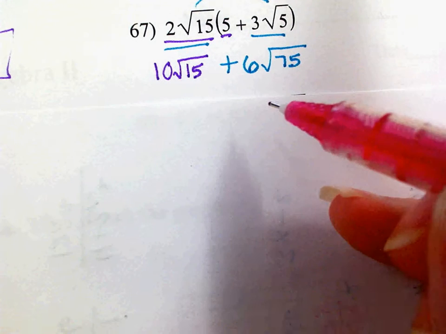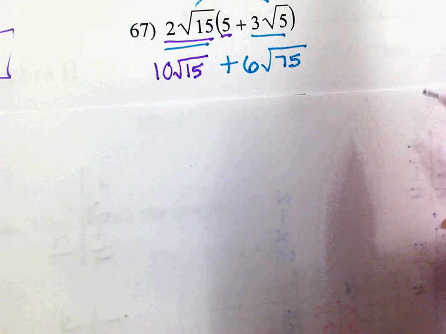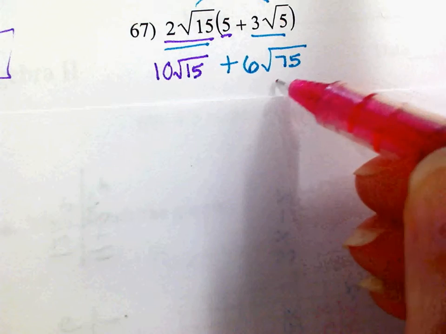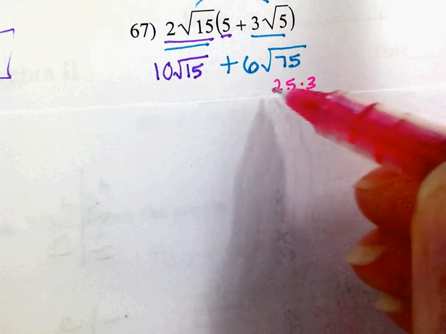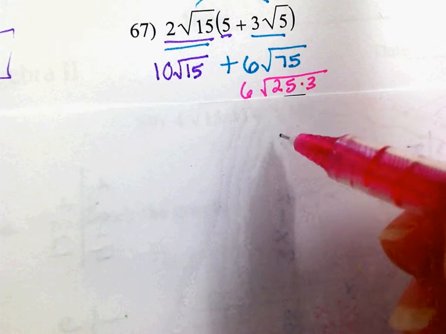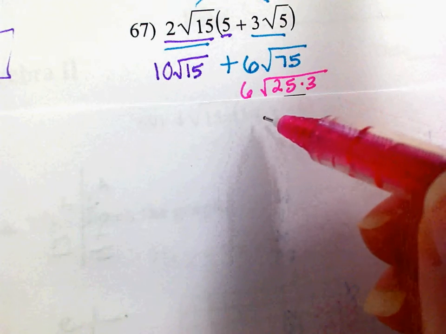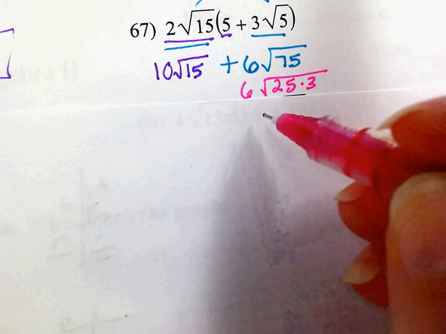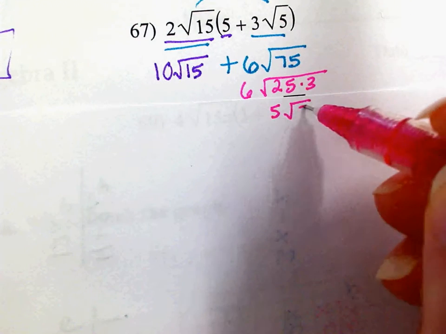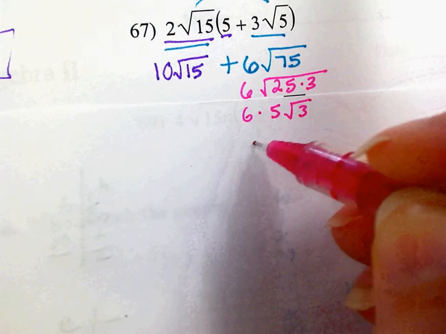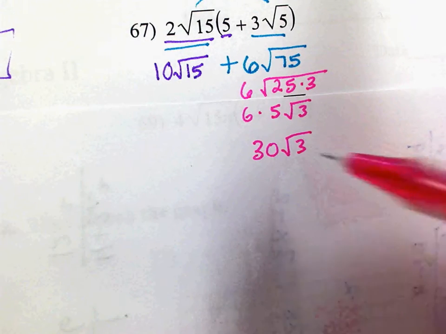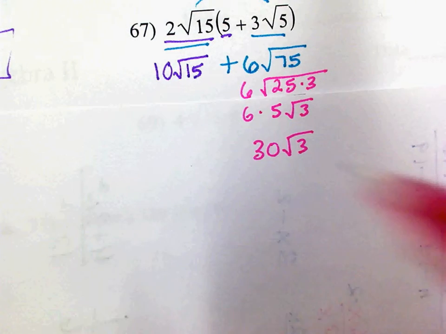How many times? What's the square root of 25? So when I bring a 5 on the outside, I'm going to multiply by what? By 6, making that 30 square roots of 3, right? And there we go.